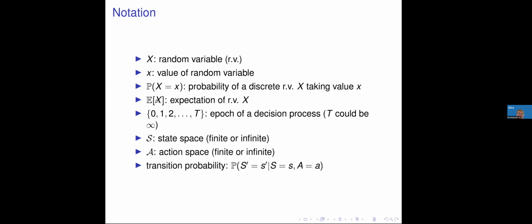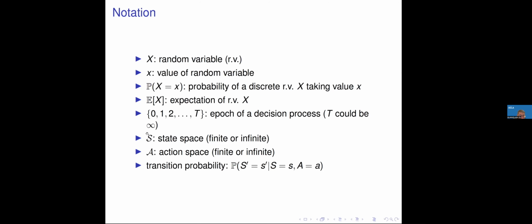And E of X is the expectation of the random variable. And without loss of generality, I will just use this capital T to denote the length of the episode. And in this lecture, I will mainly focus on infinite horizon discounted Markov decision process, which means there's only one episode, but the length of this episode can be infinite.